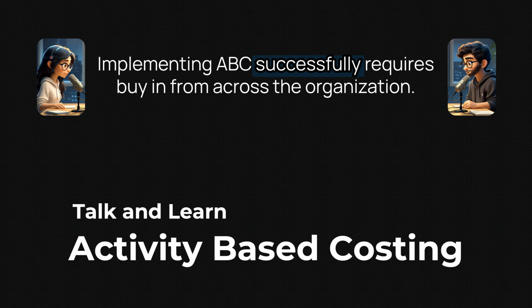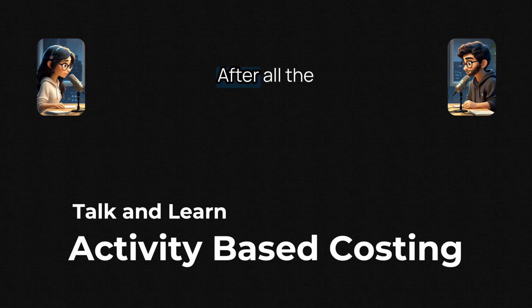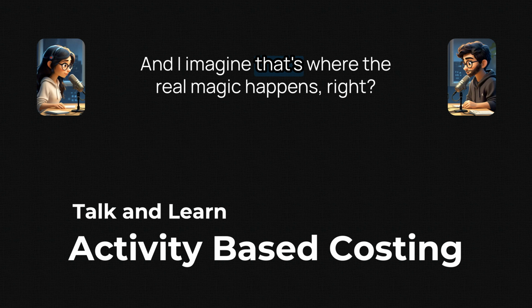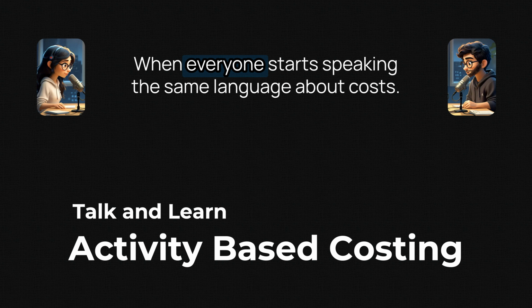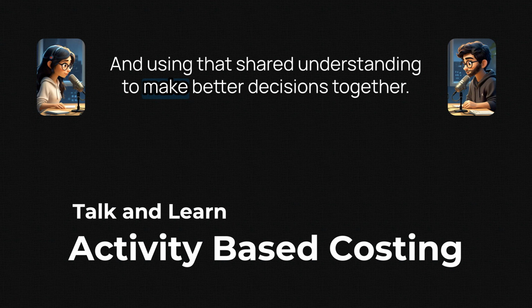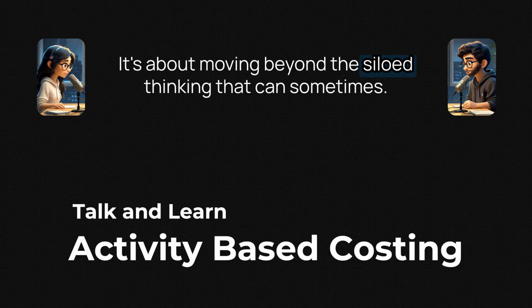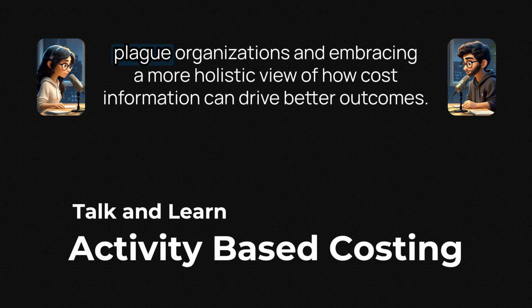Implementing ABC successfully requires buy-in from across the organization. Makes sense. After all, the insights you gain from ABC can impact decisions in every department. And I imagine that's where the real magic happens, when everyone starts speaking the same language about costs and using that shared understanding to make better decisions together. Precisely. It's about moving beyond the siloed thinking that can sometimes plague organizations and embracing a more holistic view of how cost information can drive better outcomes.